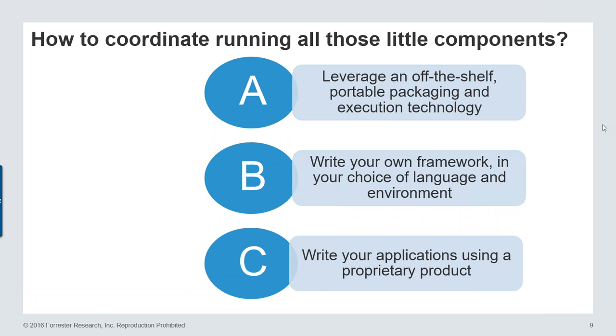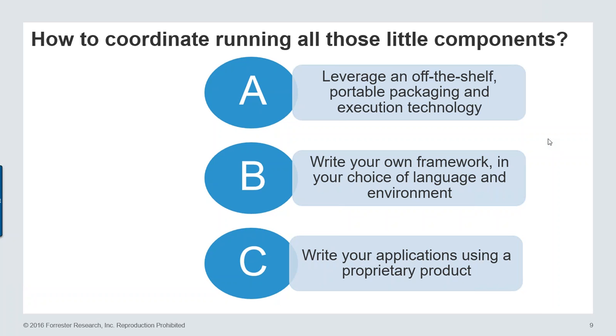But in that DevOps environment, now you've got all these different little components that you're building and deploying and running and trying to coordinate. So how are you going to coordinate all those individual components? Again, let's have some choices. You could have some off-the-shelf packaging and execution technology. You could write your own framework in your own choice of language and environment.